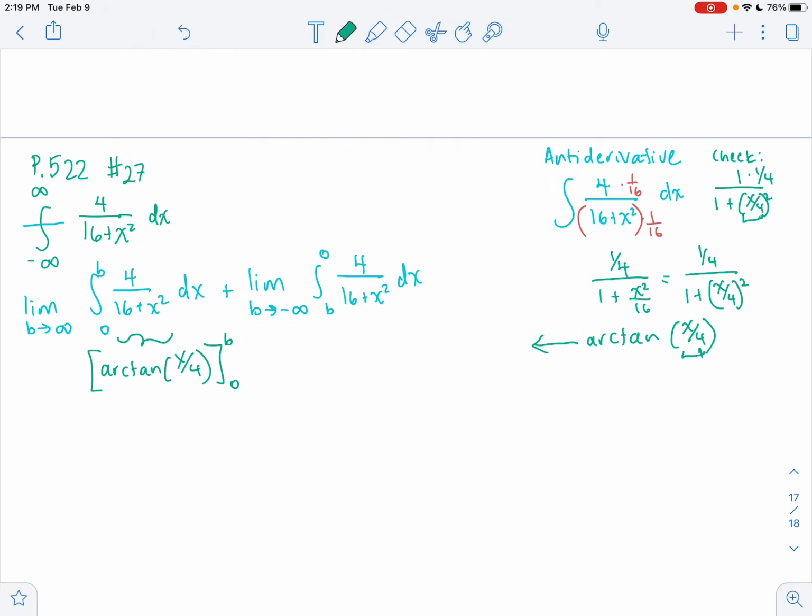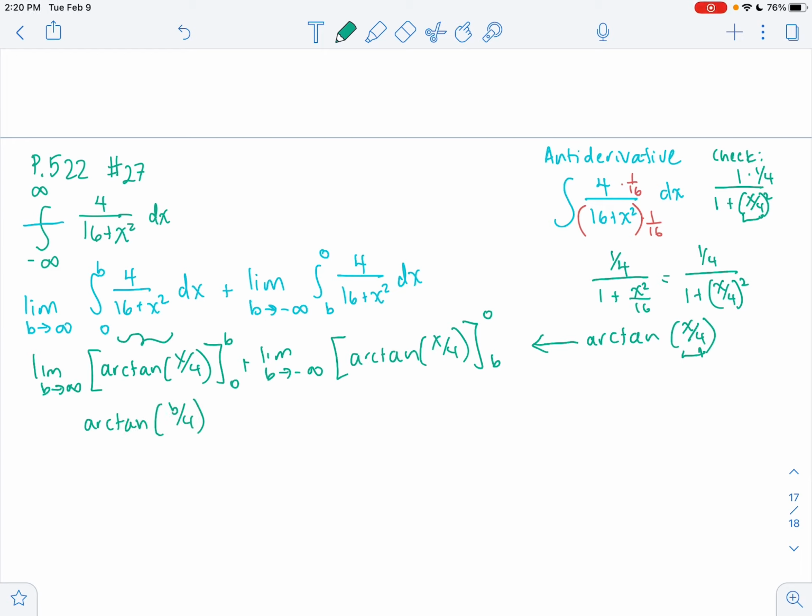And then we have our limit as b approaches infinity plus limit as b approaches negative infinity of arctangent of x over 4 from b to 0. Now plugging everything in, we have arctangent of b over 4 minus arctangent of 0, which I should know is 0. Arctangent of 0 minus arctangent of b over 4.